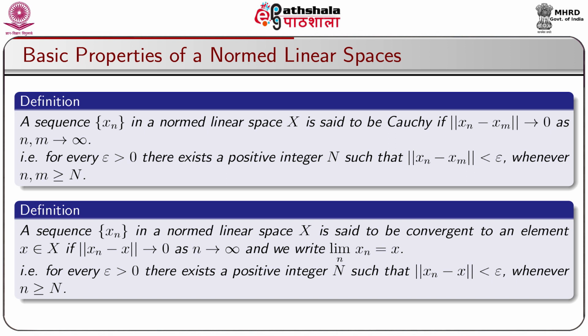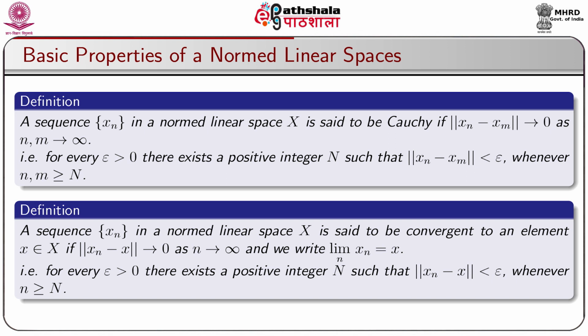Similarly, we take a definition like this: a sequence xn in a normed linear space X is said to be convergent to an element x belonging to X if norm of xn minus x tends to 0 as n tends to infinity, and we write limit of xn as n tends to infinity is equal to x. In the case of reals, we write modulus of xn minus x tends to 0 as n tends to infinity.